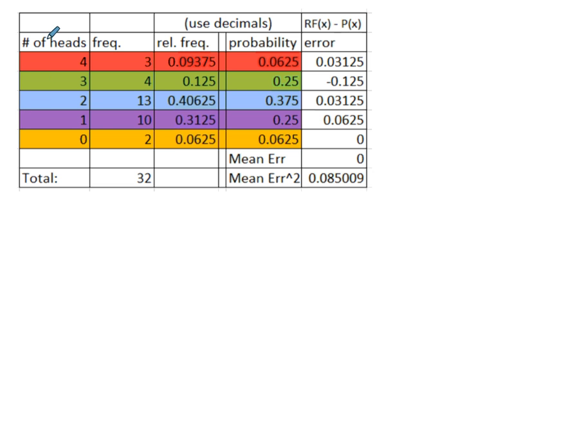So here is a situation where we flipped a coin 4 times, and did that 32 times. 3 times out of those 32, we got all 4 to be heads.